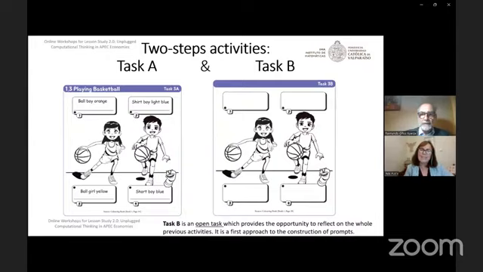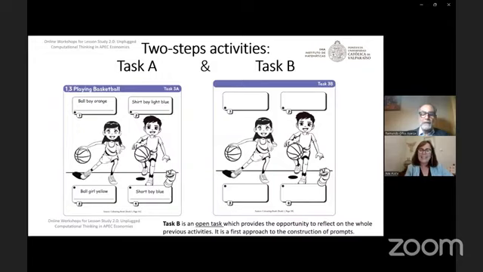On the other side, task B presents the idea that a student provides her own sentence to invite other students to find. Task B is an open task, which provides the opportunity to reflect on the whole previous activities.